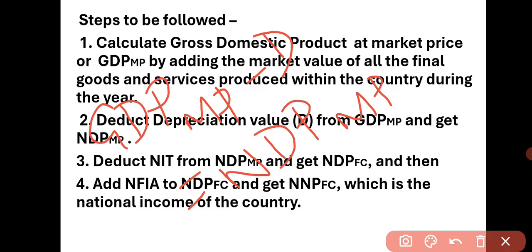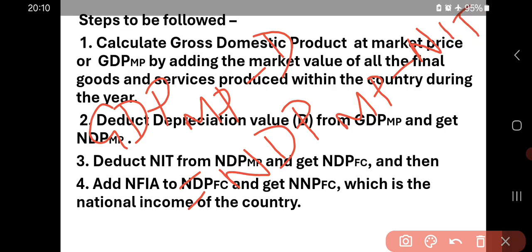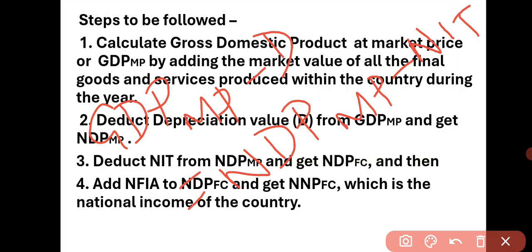Then after getting NDPMP, what will we do? Deduct NIT, net indirect tax. When you deduct net indirect tax from market price, then definitely you will get NDPFC, net domestic product at factor cost.